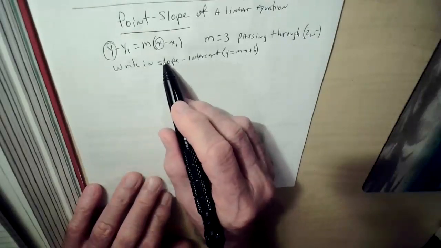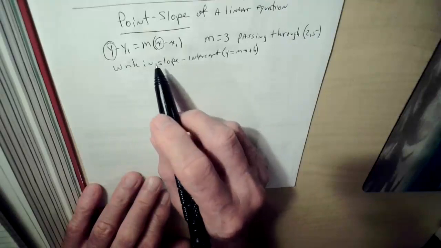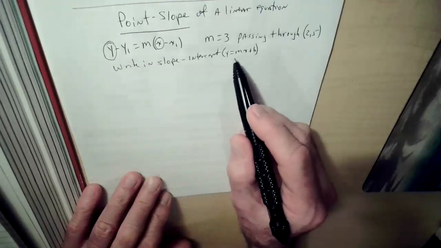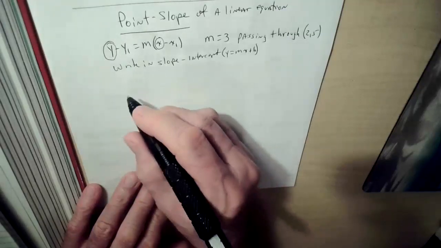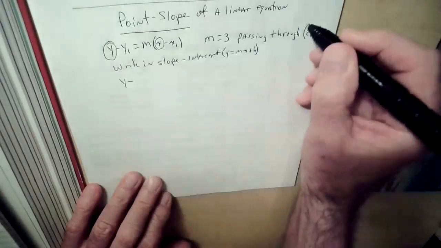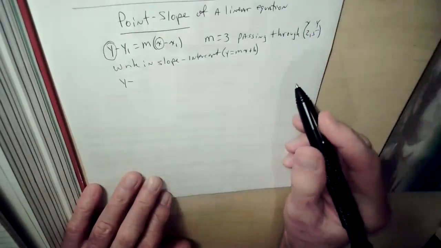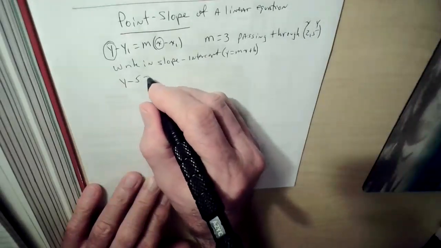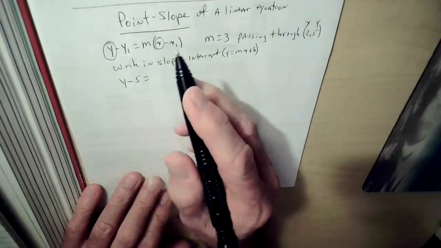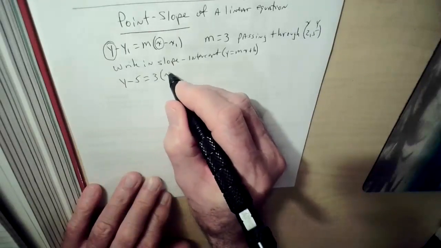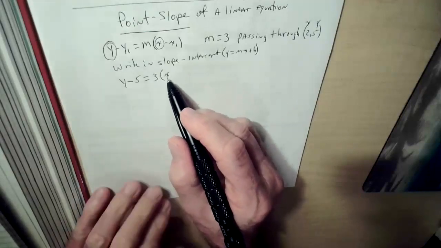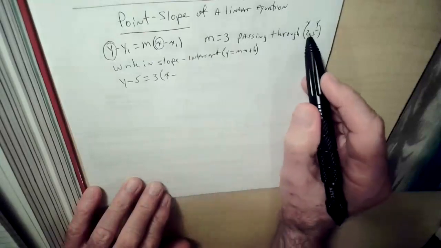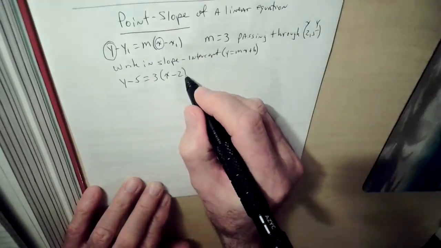So all we have to do is plug in the numbers you know and solve the equation for y, because slope-intercept is y equals all this misery. So we get y minus 5 equals m, which is our slope, 3, open, x minus x1, which is 2.